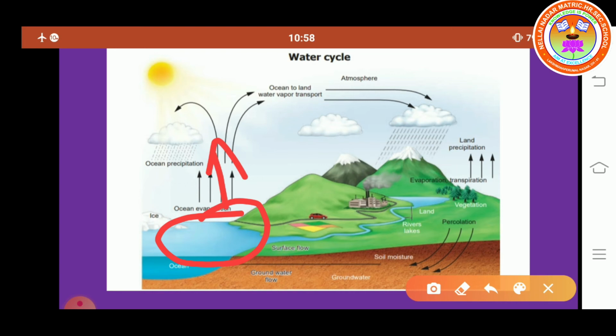In condensation, gaseous state changes into liquid. Water vapor which enters the atmosphere by evaporation moves upward with air, gets cooled and changes into tiny water droplets that form clouds in the sky.